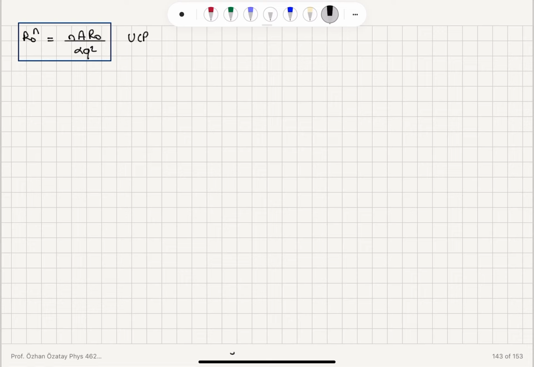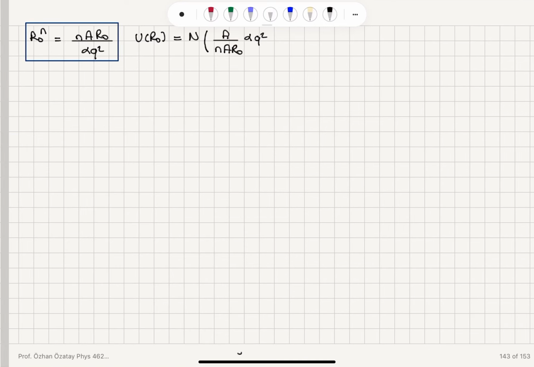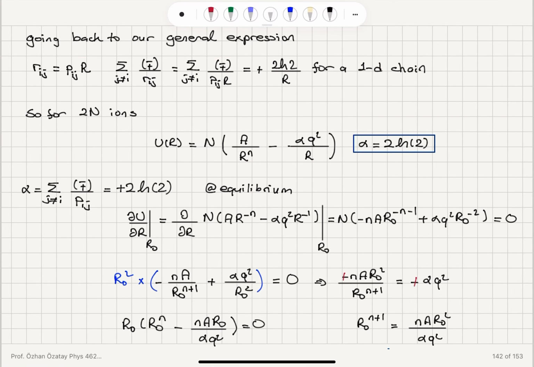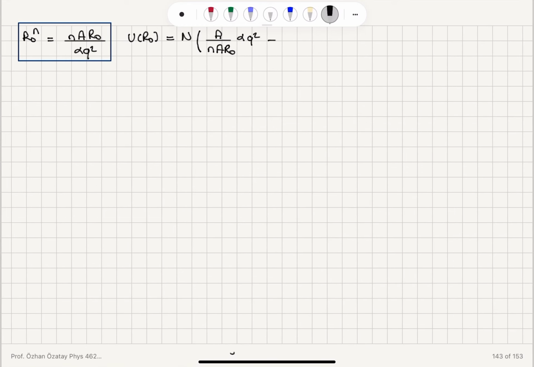U evaluated at R0 is capital N, A divided by R0 to the power n, which is nothing but A divided by R0 to the power n, that is this first term here, and then I have minus alpha q squared, Madelung constant, q squared over R0.